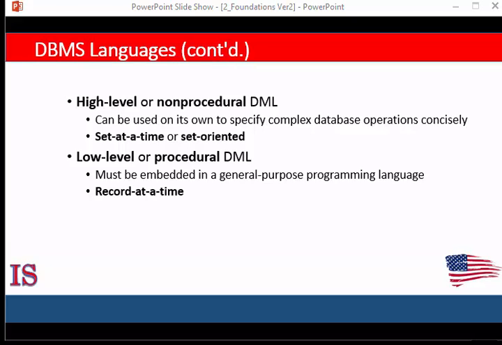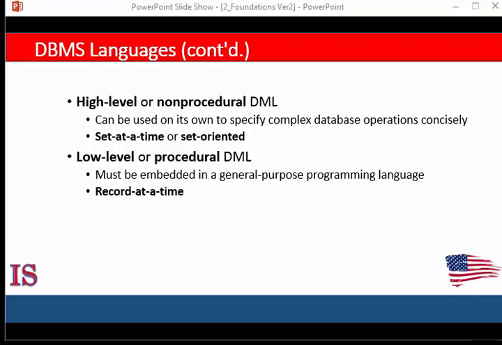Many database management systems allow high-level data manipulation statements either to be entered interactively from a display monitor or a terminal, or to be embedded in a general-purpose programming language. In the latter case, data manipulation language statements must be identified within the program so that they can be extracted by a pre-compiler and processed by the database management system.